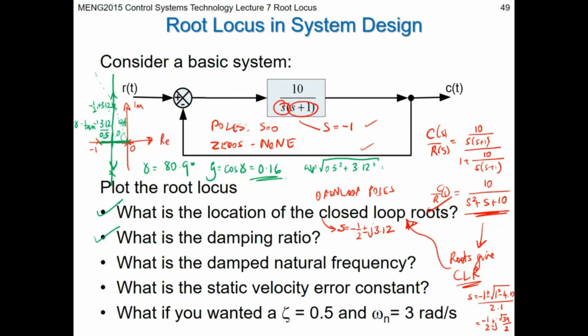So omega d, our damped natural frequency, is the distance from the origin to the closed loop root. That's simply calculated by Pythagoras. The root is the hypotenuse, so it's the square root of the sum of the squares. So it's 3.15 that I have for that.